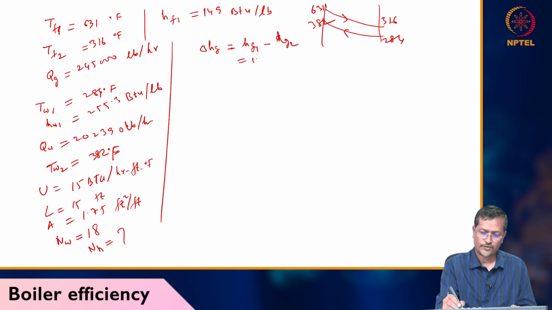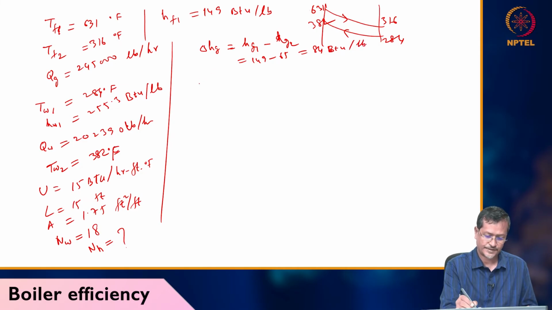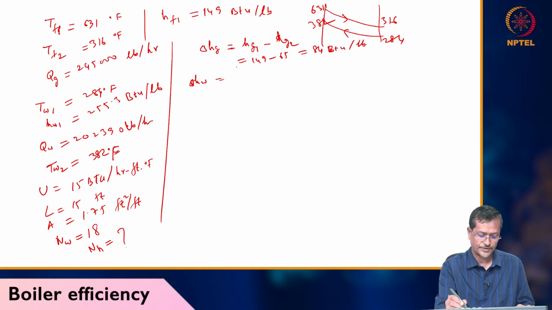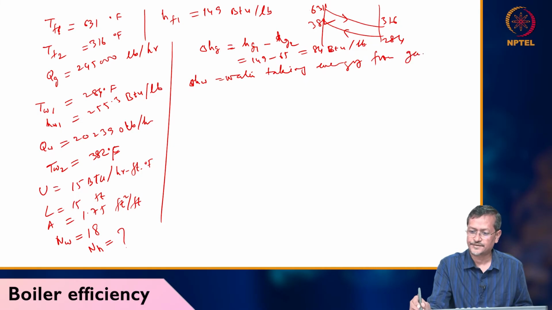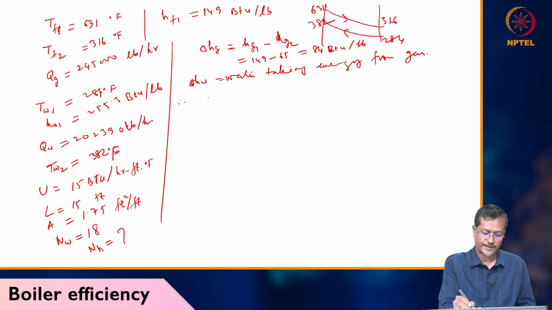So it will be giving 149 minus 65 equals 84 BTU per pound. Okay, feed water enthalpy rise, del H water, how much water is taking energy from gas? It is del H water taking energy from gas.